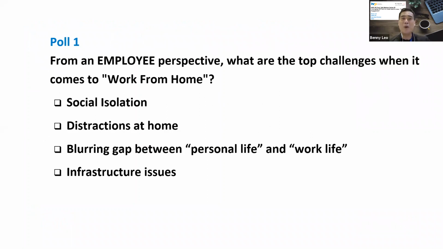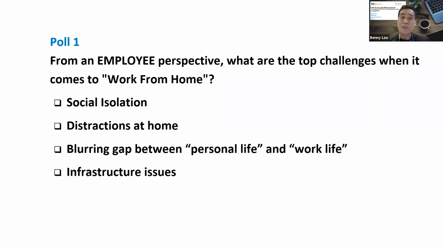Right. So before we start, we need to have a little feel of how you are. So there's some homework here that we need to work on. We're going to do a poll. Later on, it will pop up on your screen. The question is, from an employee perspective, what are the top challenges when it comes to work from home?